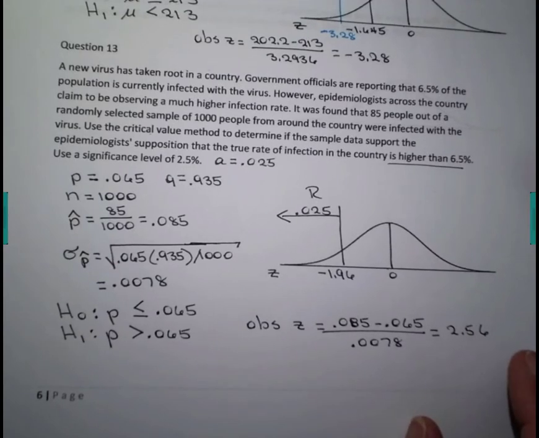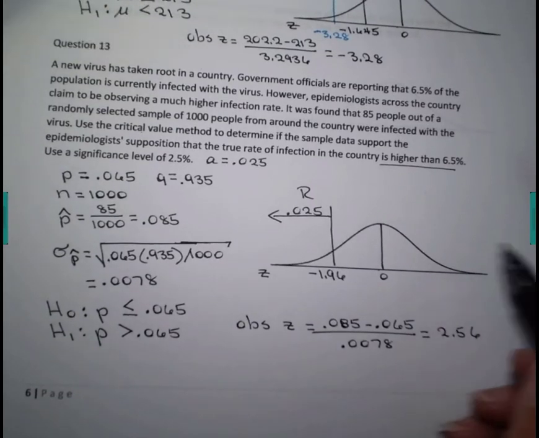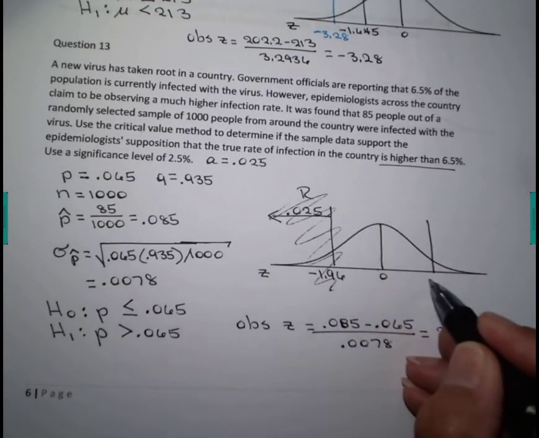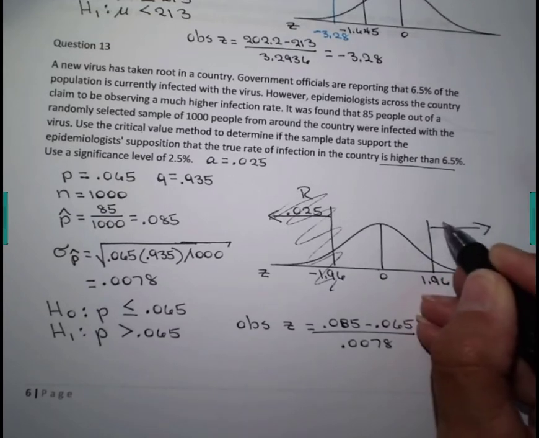Well, 2.56 is way over here, isn't it? Okay, hopefully you've caught my mistake. I just caught my mistake. Guys, it's not a left-tailed test, is it? It's a right-tailed test. Sorry about that. I can only tell you that I have a cold.